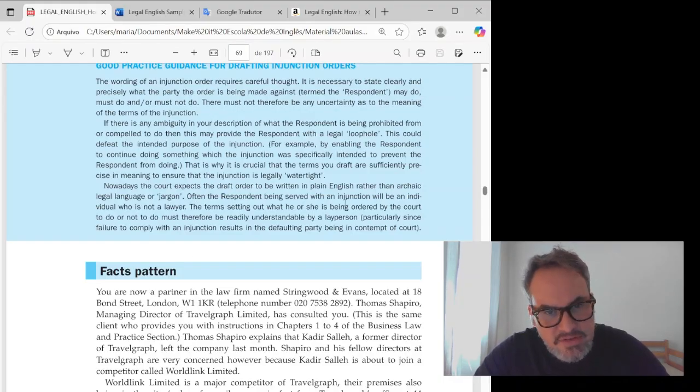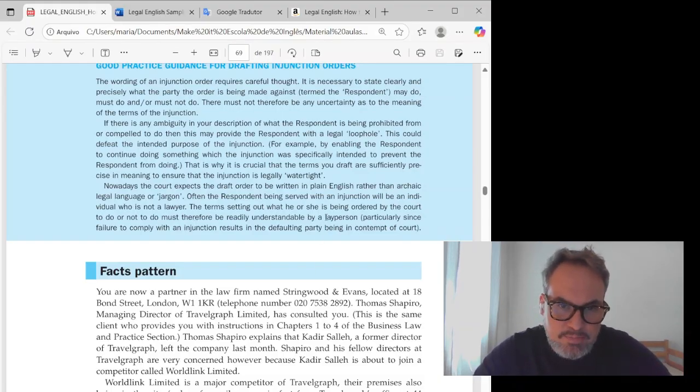Often the respondent being served with an injunction will be an individual who is not a lawyer, of course. The terms setting out what he or she is being ordered by the court to do or not to do must therefore be readily understandable by a layperson, particularly since failure to comply with an injunction results in the defaulting part being in contempt of court.